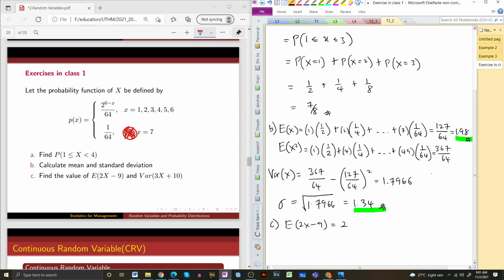If you want to find it in fraction: 3767 divided by 64 minus (127 divided by 64) squared.